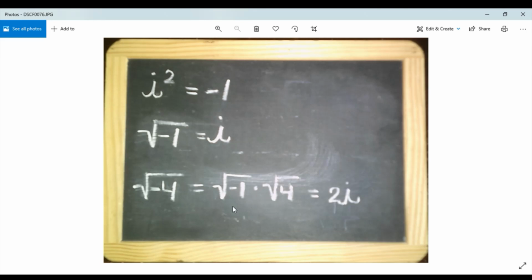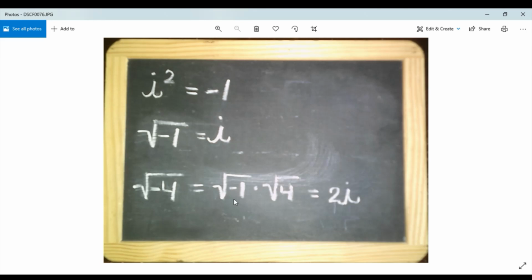We're going to break -4, the square root of -4, down into the square root of -1 multiplied by the square root of 4. And we're going to get two answers. We're going to get I for -1, and we're going to get 2 for the square root of 4.